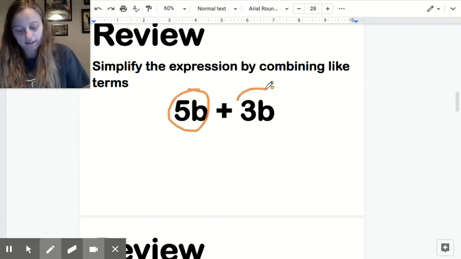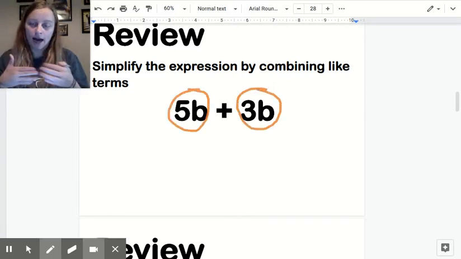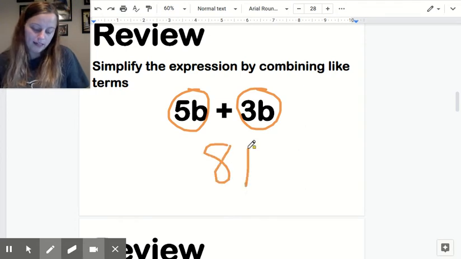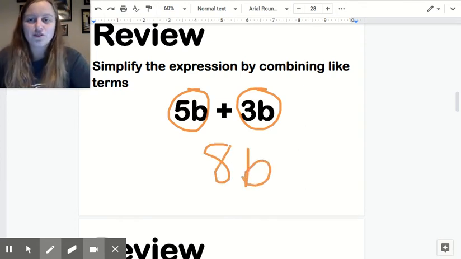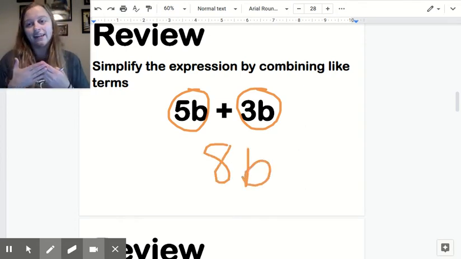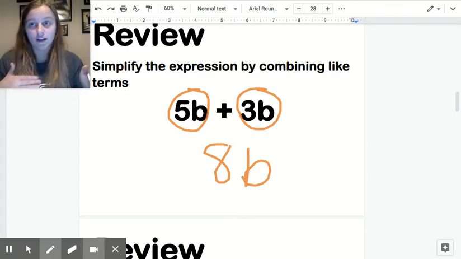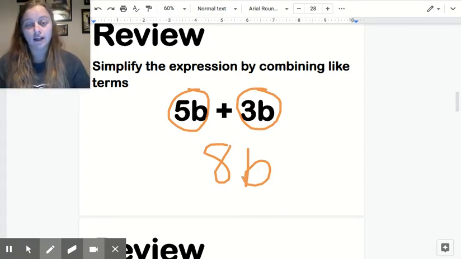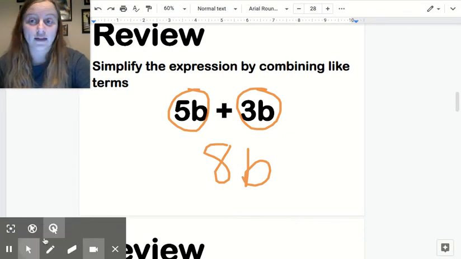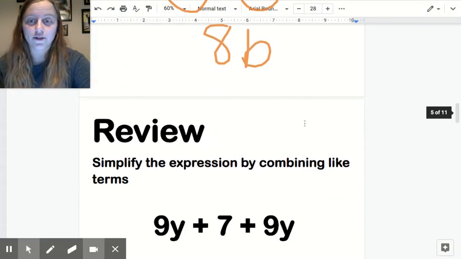Well, 5 bananas and 3 bananas can be combined to give me 8 bananas. So remember, combining like terms is just adding the variables together if they're the same, adding those terms together if they're like terms, not adding them together if they're not like terms. They have to be the same letter in order to add them together.